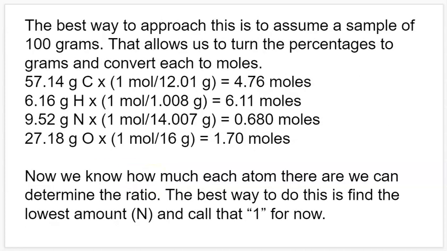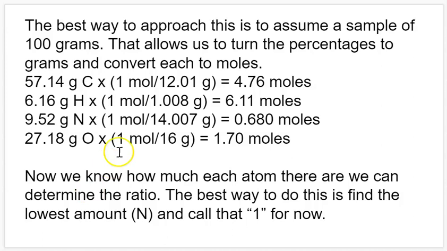The best way to do this is to make an assumption. Assume that we have 100 grams of this NutraSweet molecule. That gives us a convenient way to convert all of our percentages into grams, since those percentages were the percent mass of each atom. So since we had 57.14 percent carbon, in a 100 gram sample that would mean we had 57.14 grams of carbon.